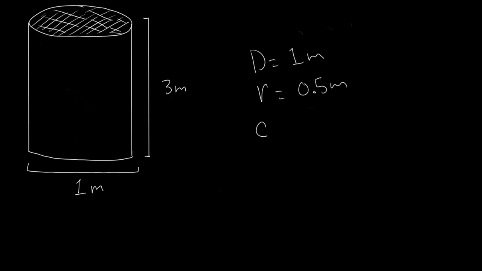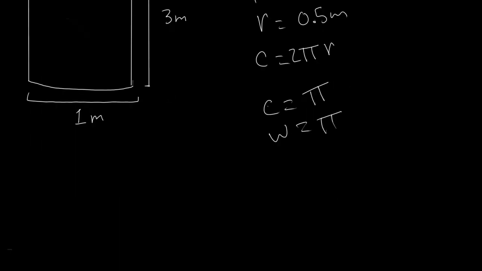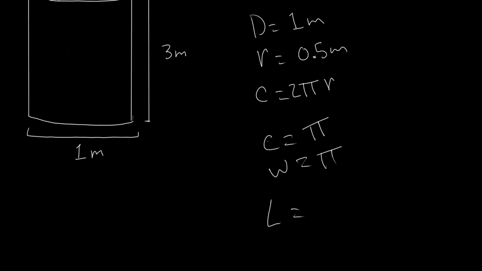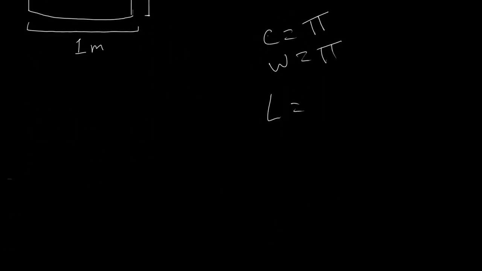And the circumference is equal to 2 pi r, which gives us pi because the radius is 0.5 multiplied by 2 is 1, so we're just left with the pi here. So the circumference is equal to pi, or the width of that unraveled body is pi, and the length is going to be the height of the original cylinder, which is 3 meters.